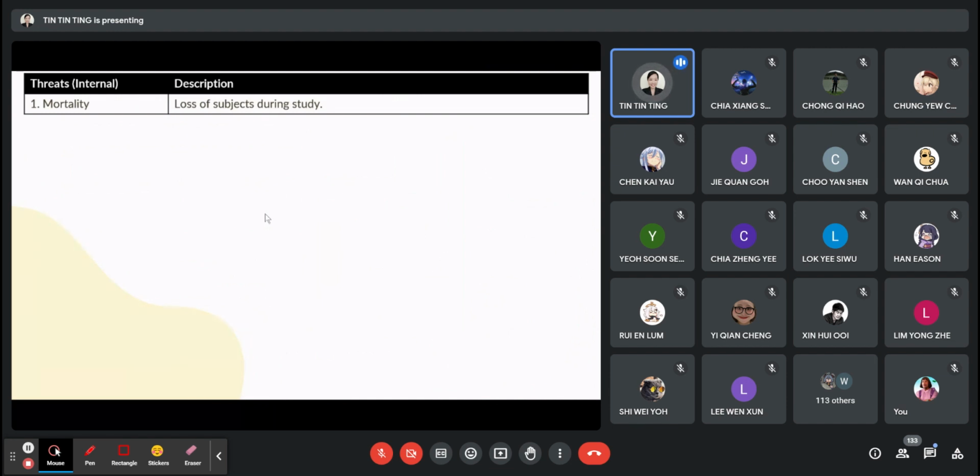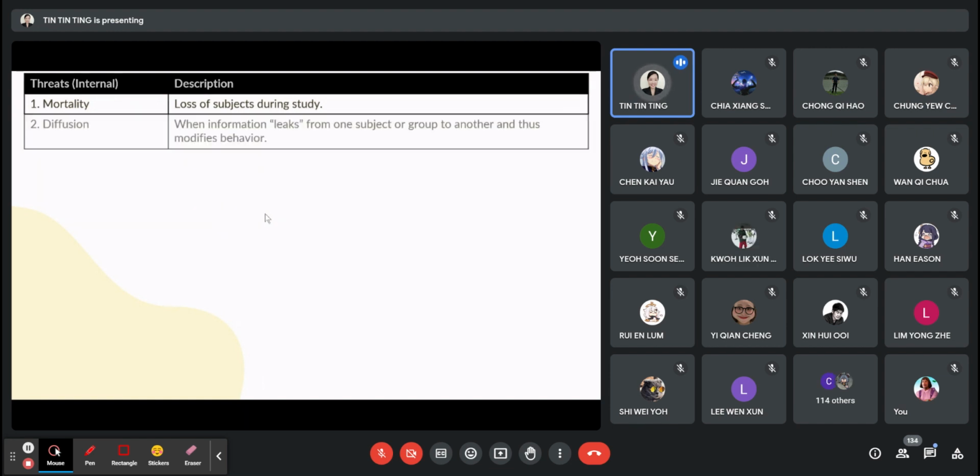For example, our ICPSR data set goes from the age of 12 all the way to the age of 2 years old, a longitudinal study. Within this period of time, some people might die. Mortality.